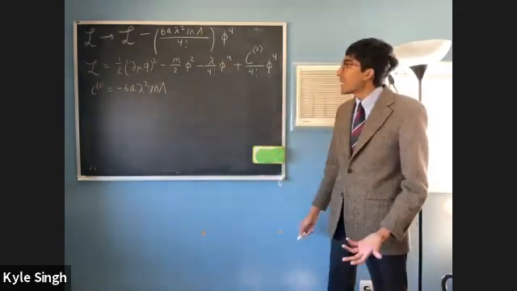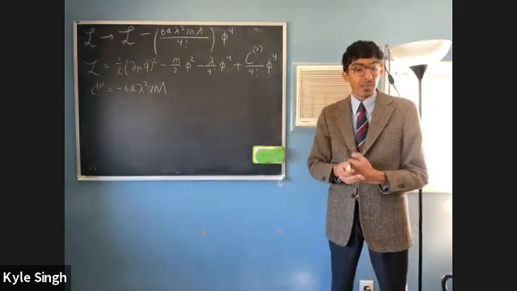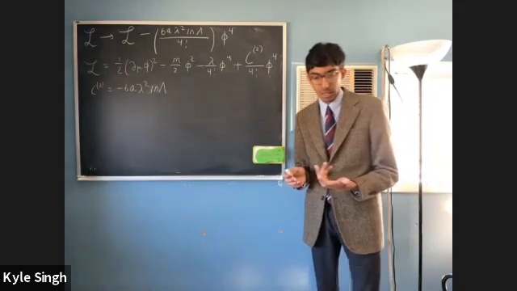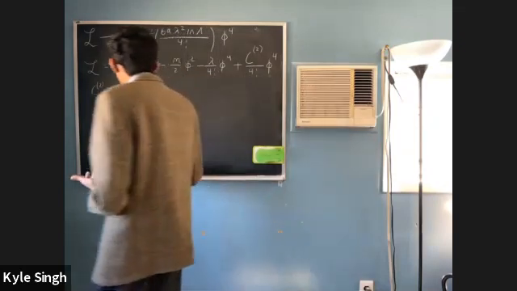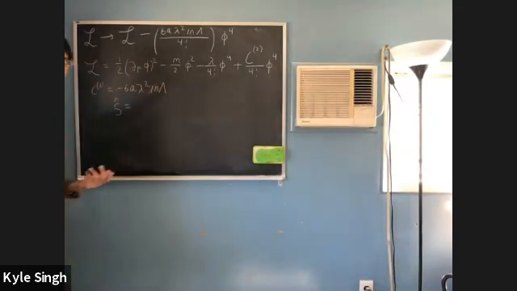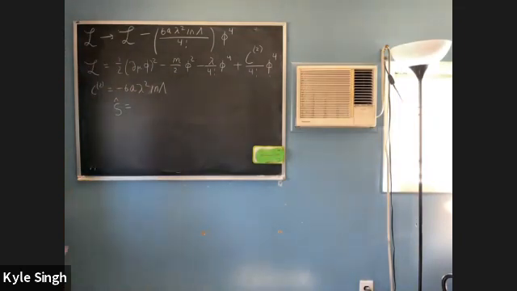Now it might be useful to see what happens to the S matrix, or Dyson's expansion in this situation. So let's do that. What happens to S hat? It's pretty straightforward.